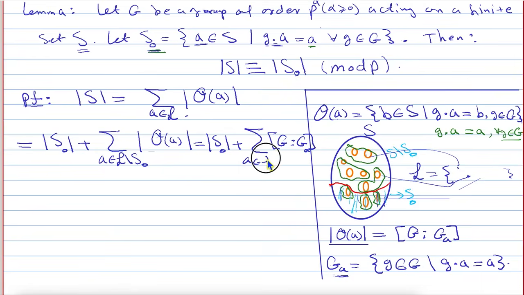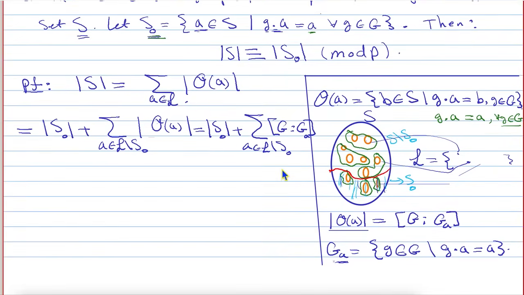Again, A is in L minus S naught. Okay. Now here is the important point. You note that the stabilizer in G cannot equal the whole group G for all elements A in L minus S naught.